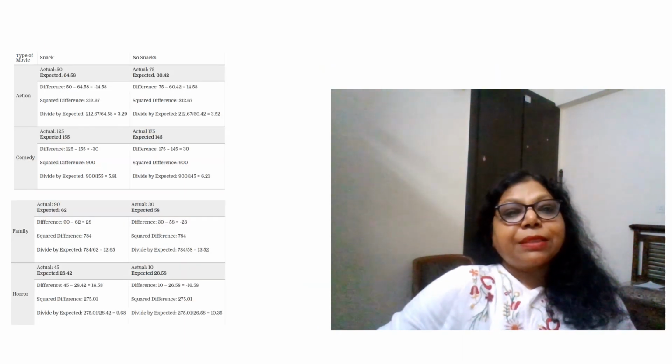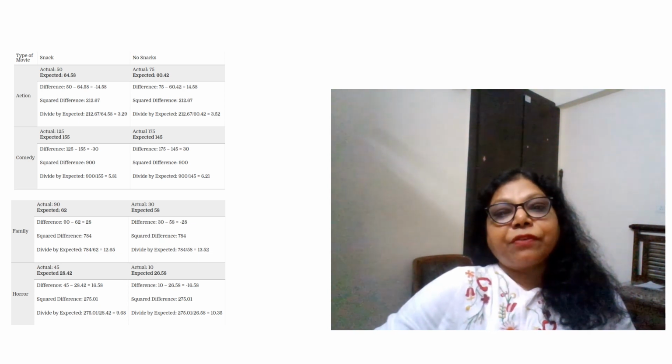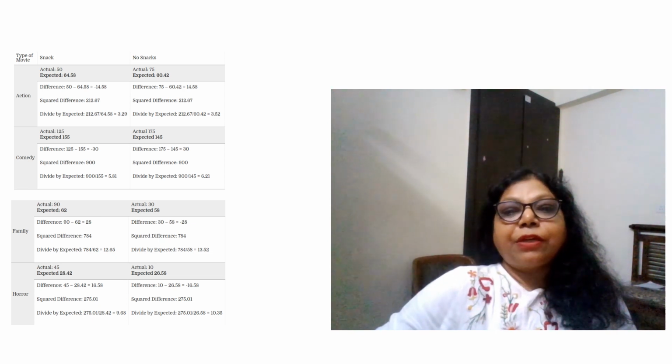So now, to perform this test, we need to do the calculations. The basic idea in calculating the test statistic is to compare actual and expected values. Given the row and column totals in the data, first we calculate the difference between the actual and expected for each movie snack combination.